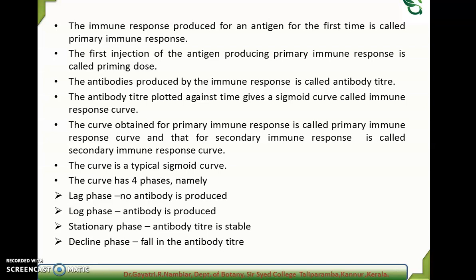Always the curve will show a sigmoid curve, and different phases are there in the sigmoid curve, namely the lag phase, log phase, stationary phase, and decline phase. We will deal with each one of these.